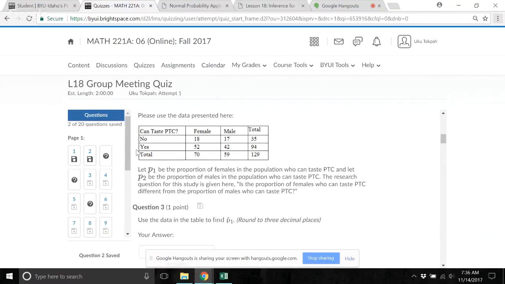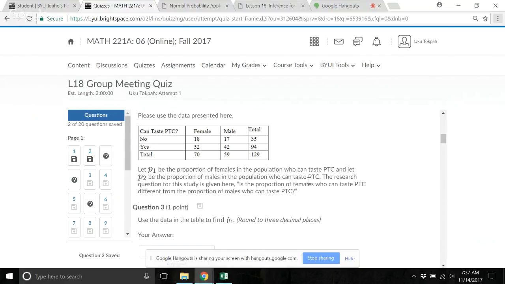You think that our X1s are the number of females and males that cannot smell it? You think they're the no's? Hmm. Let me see. Let P1 be the proportion of females in the population who can taste PTC. So that's a yes. And let P2 be the proportion of males in the population who can taste PTC. So I think both sides is a yes.